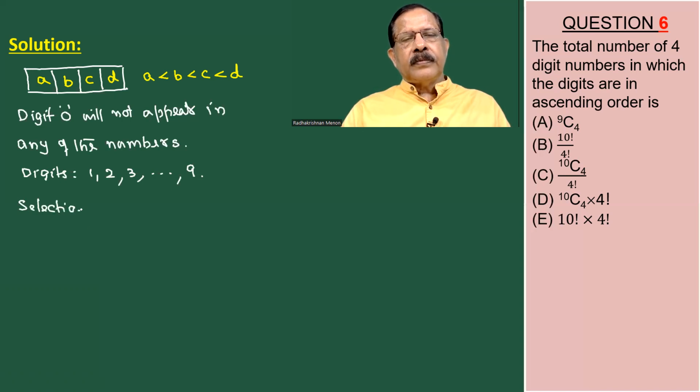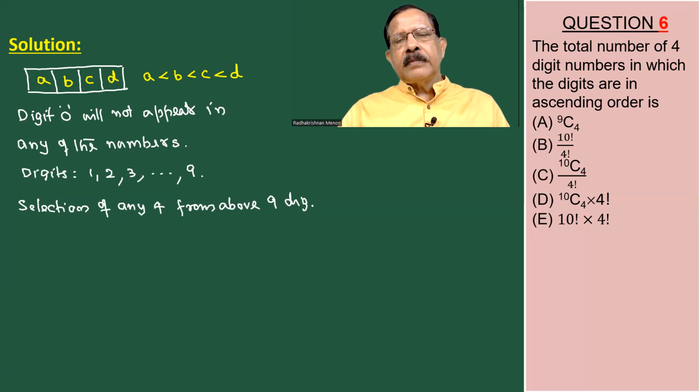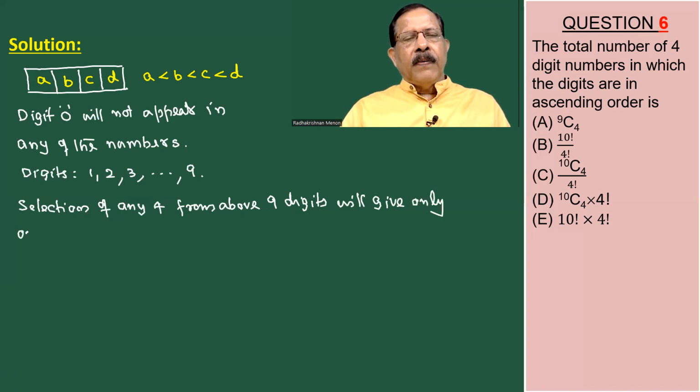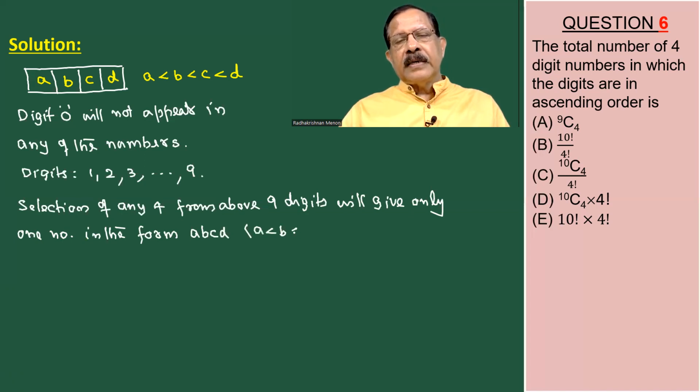Selection of any 4 from the above 9 digits will give only one number in the form A, B, C, D, A less than B, less than C, less than D. Because in ascending order, you will be having only one number.